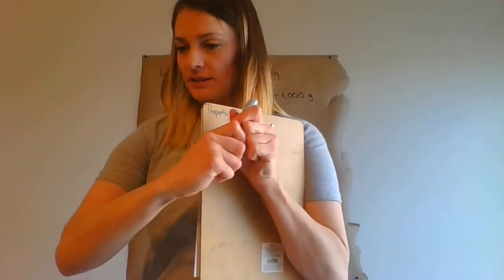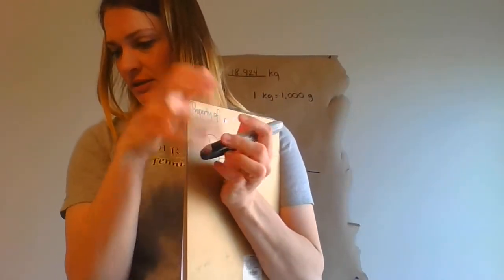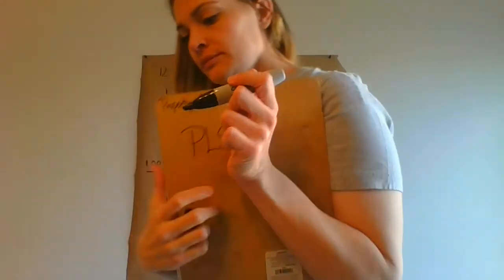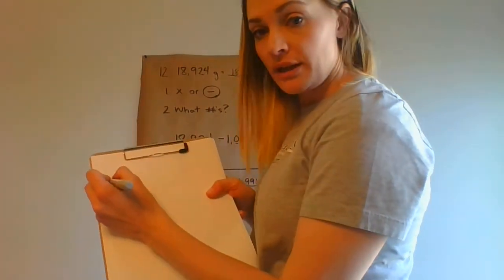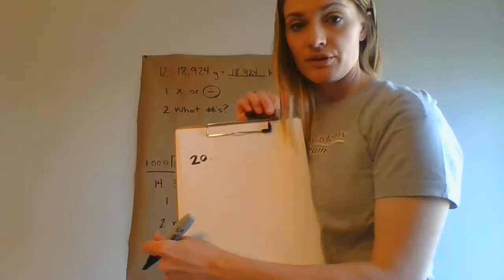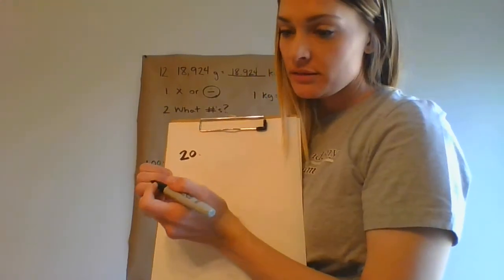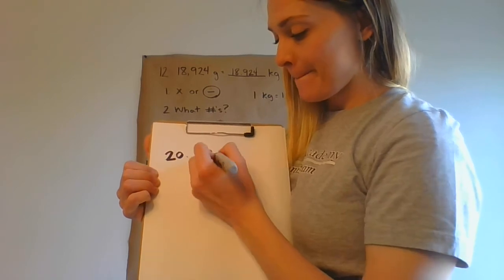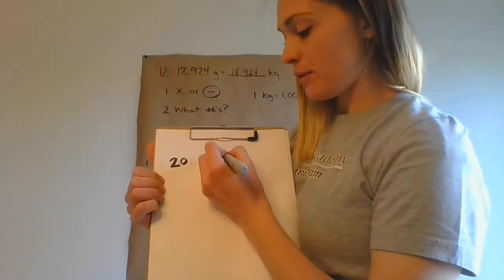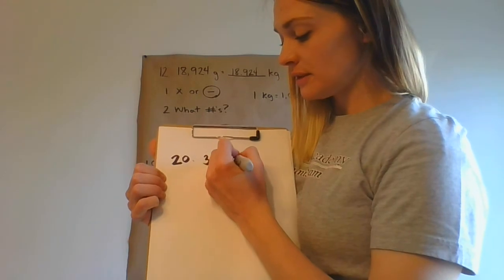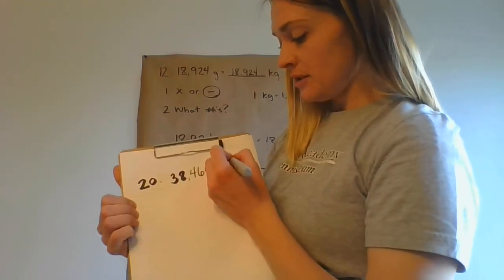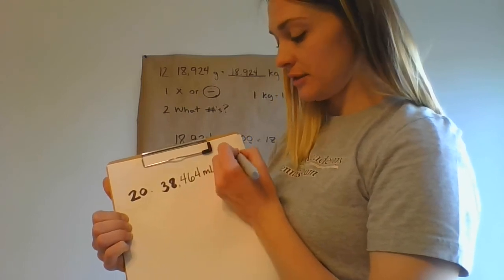Okay. So my next one that I'm going to help you with is, let's do 20. I'm going to help you with number 20, okay? We've got 38,464 milliliters equals how many liters?